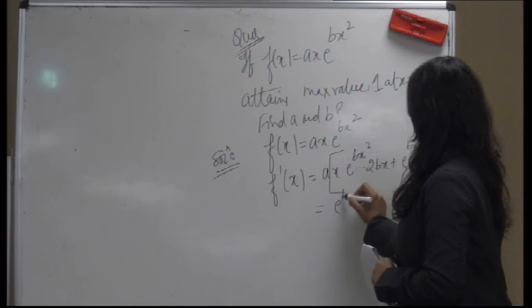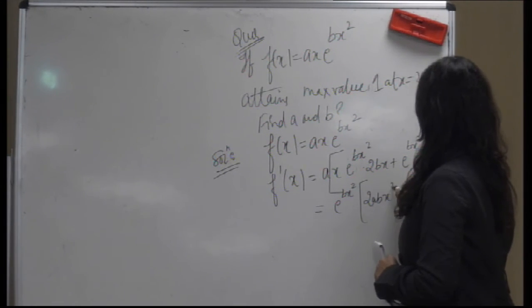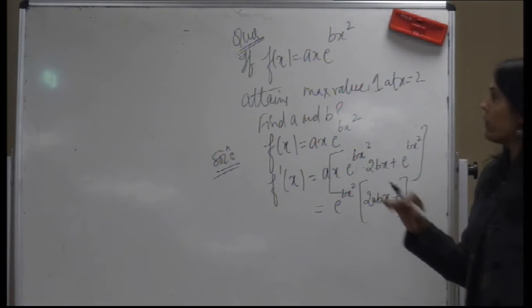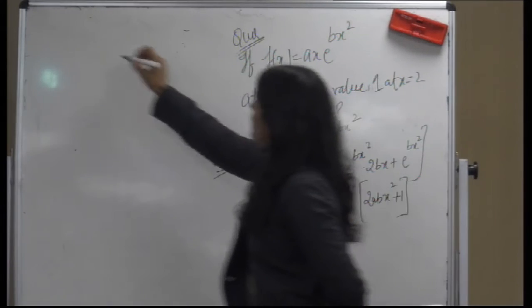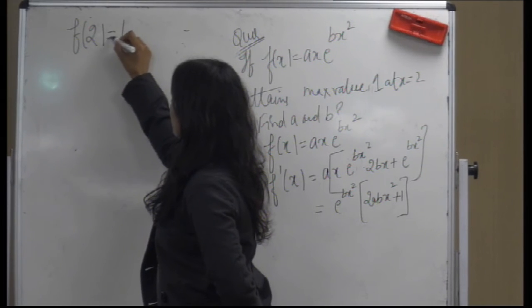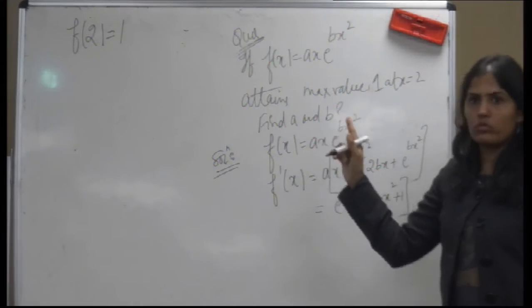The common factor I can take out, so a e^(b x²) (2b x² + 1). Is it fine? We are given maximum value 1 at x equal to 2. It means f of 2 is 1.